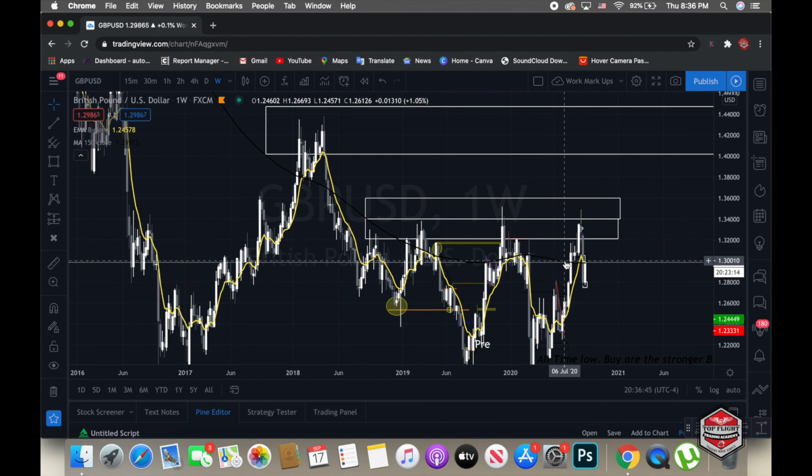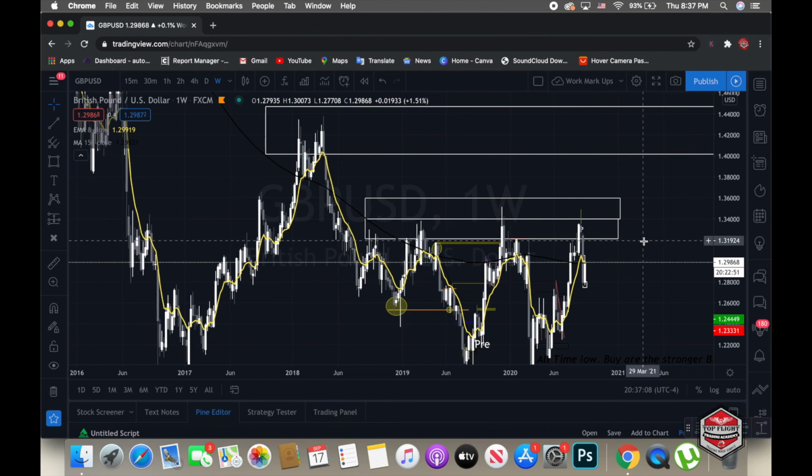So the higher the time frame, the more likely you can expect some kind of rejection. Now, daily and 4 hour, you can make key levels as well, but like I said, try to keep it on the monthly and the weekly, because once price gets to that area, you can expect big things to happen.